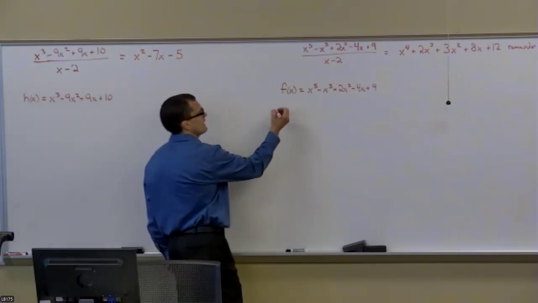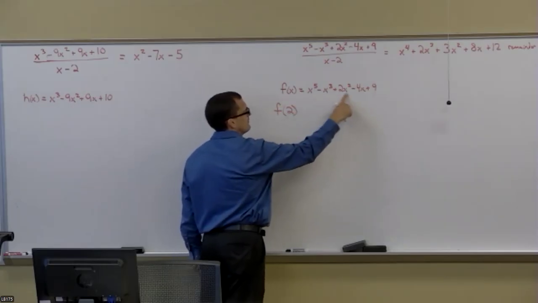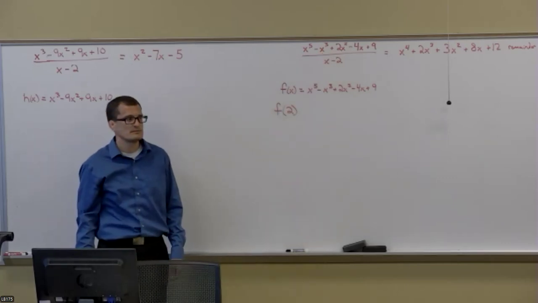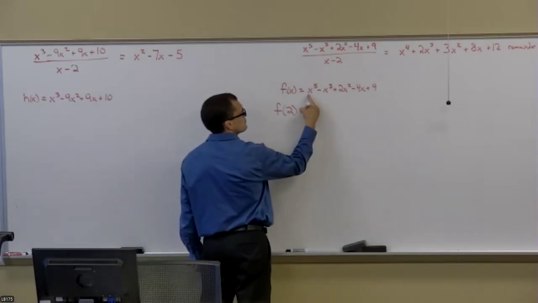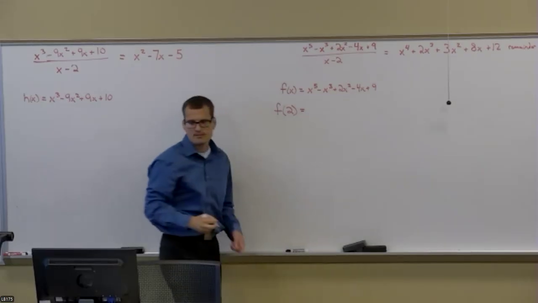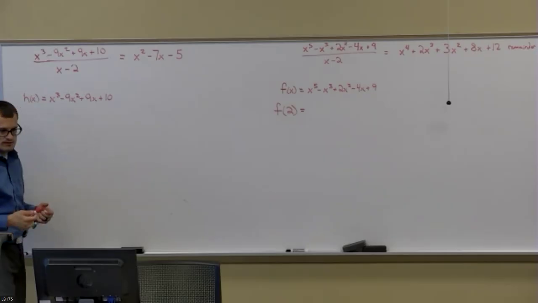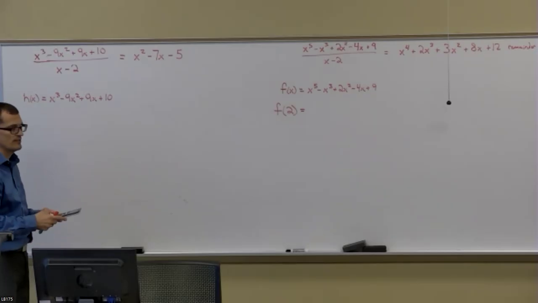If I plug in the number 2 into this function, take 2 to the 5th minus 2 to the 3rd plus 2 times 2 squared minus 4 times 2 plus 9.